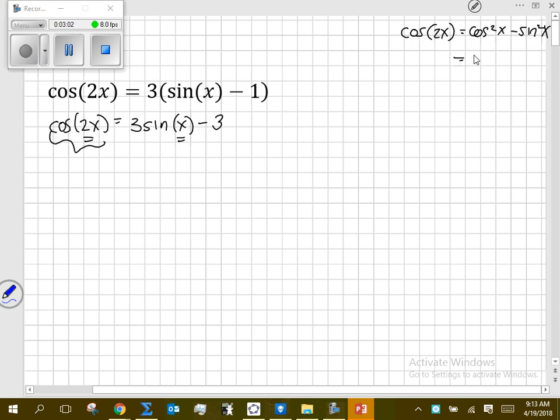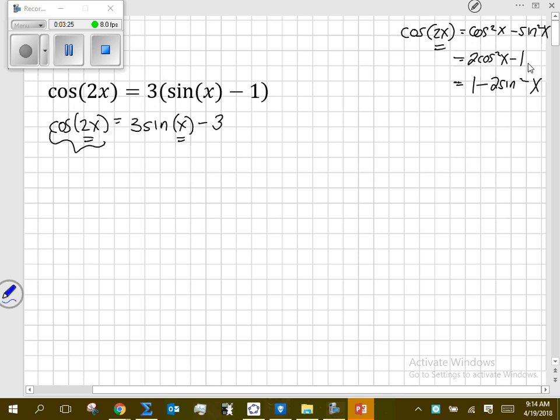It could be 2 cosine squared x minus 1, or we're going to rewrite it as 1 minus 2 sine squared x. All of those take our double angle and kind of degenerate it down to 1x, if that's a word. Okay? And that's what we want, right?